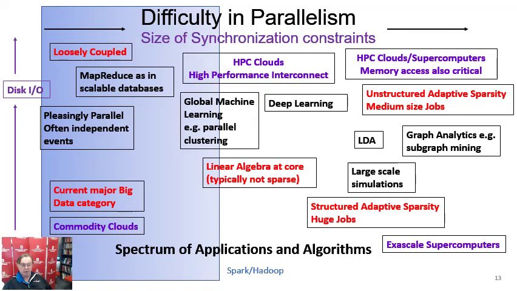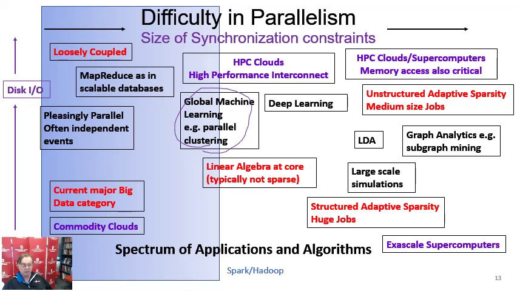This plot here is sort of a cosmic plot. It tells you what's hard and what's easy in the world of big data. This thing up here is KMeans, which is what we described here. It's actually reasonably easy. We have 3 classes here, totally loosely coupled.